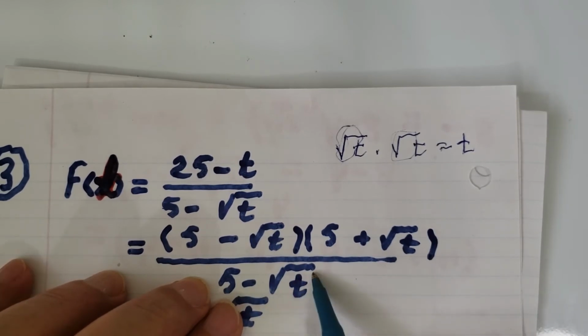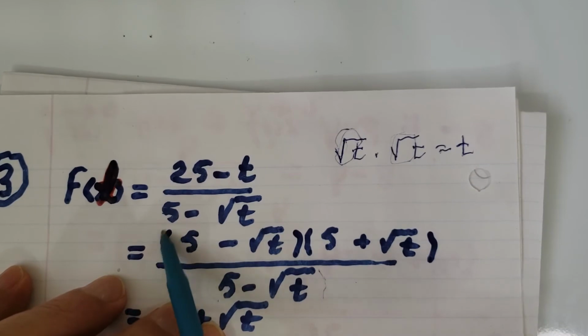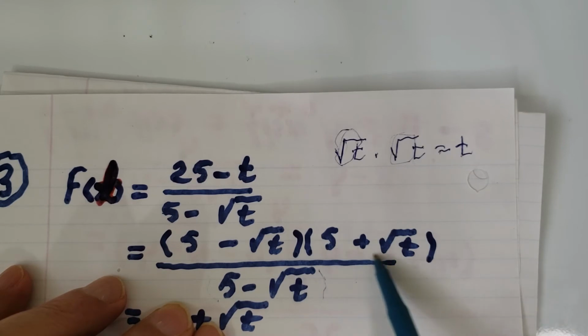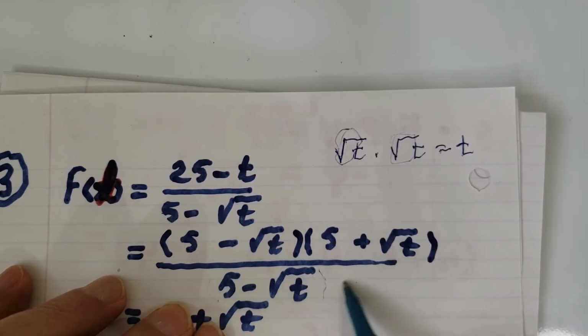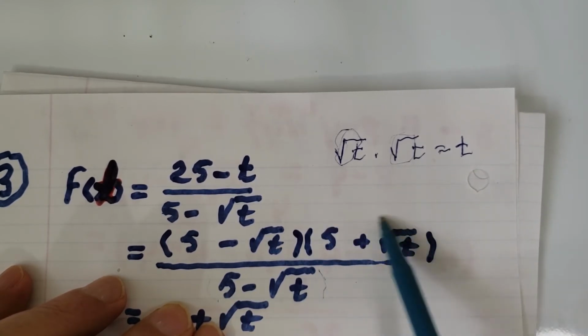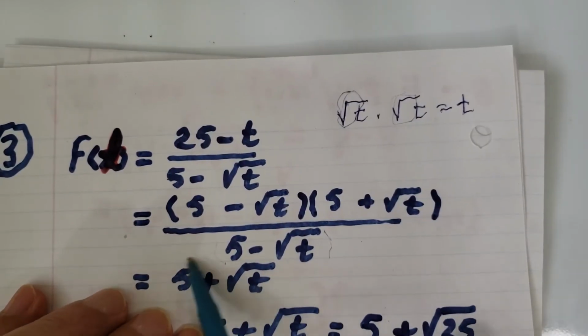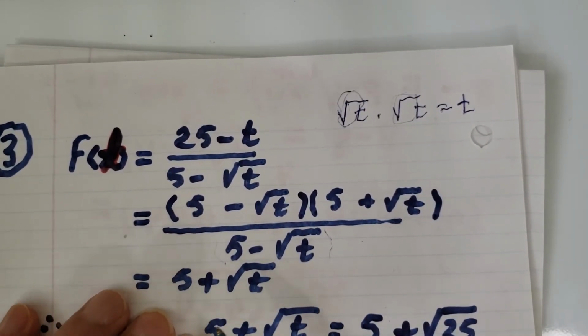We will find this factor is the same as the first factor here, so we can cancel them together. By cancelling those together, this will remain and the bottom will be 1.